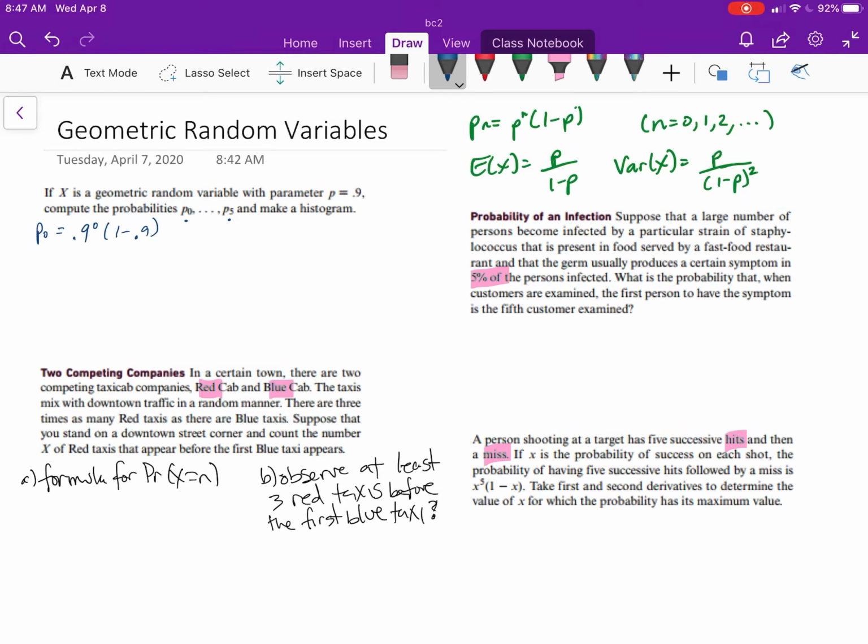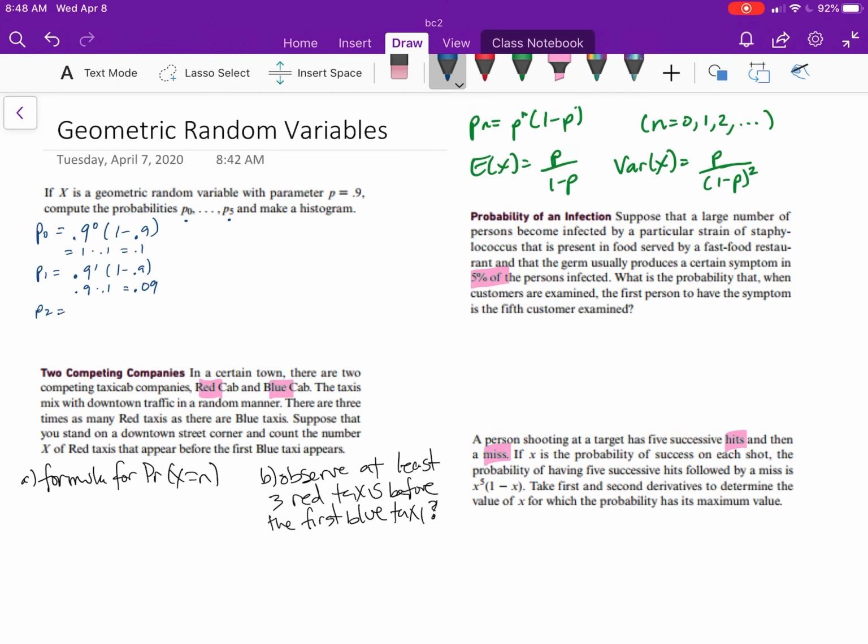Okay, so anything to the 0 is 1, so we get 1 times 1 minus 0.9 is 0.1, so 1 times 0.1 is 0.1. Right? P1 is 0.9 to the 1 multiplied by 1 minus 0.9. So 0.9 multiplied by 0.1 is 0.09.